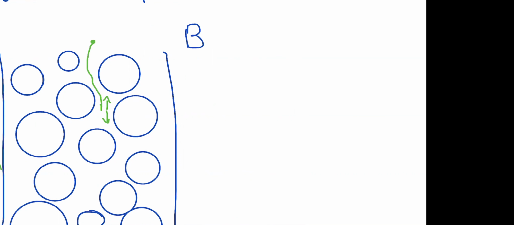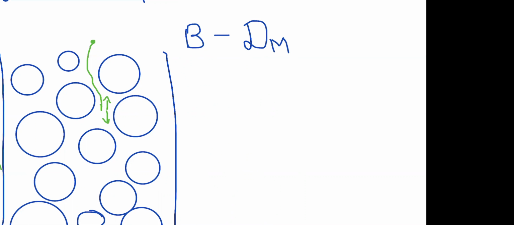depends on the diffusion coefficient in the mobile phase. So we can denote it with the DM. So the higher the diffusion coefficient in the mobile phase, the more peaks broaden due to the diffusion in the longitudinal direction.